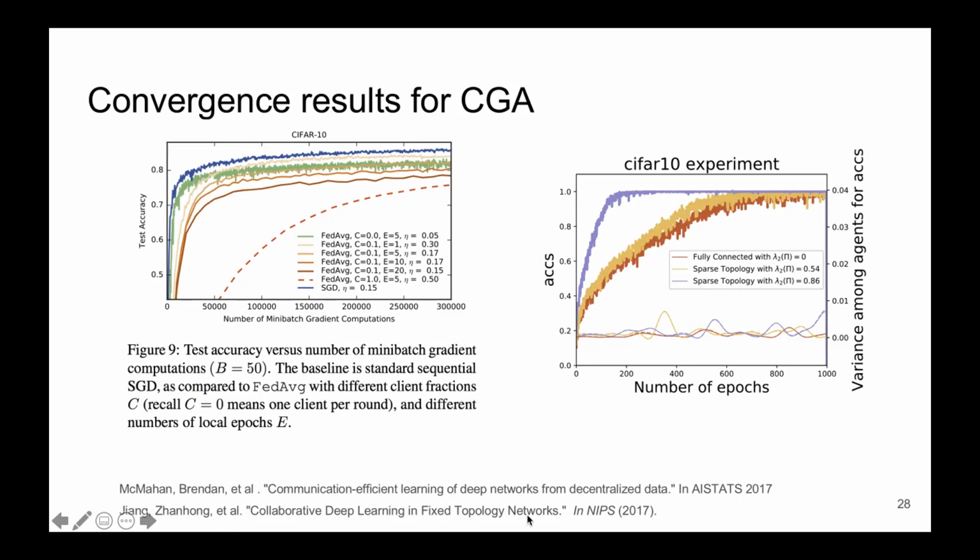So is this right figure for IID or non-IID? I forget, but no matter non-IID or IID, it is the same thing. They show that for both non-IID and IID, fully connected is worse than sparse topology.